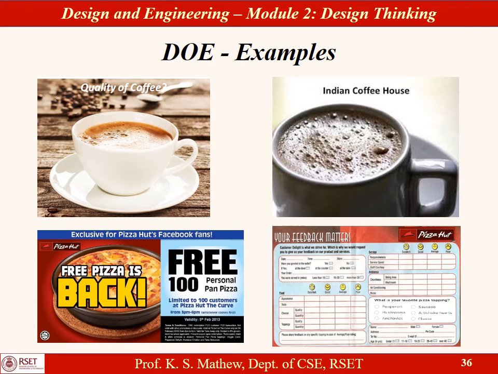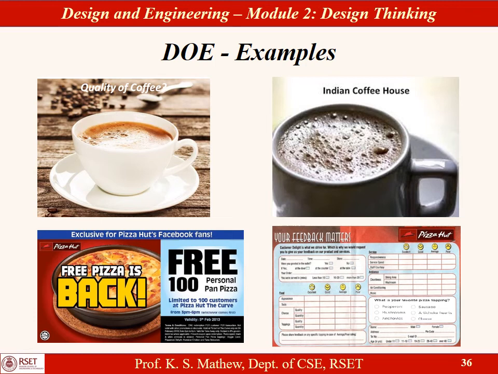They will analyze this feedback and make changes in the ingredients of this new flavor pizza. Based on the feedback, they will make changes in the ingredients and make another set of 100 pizzas to be given free to customers. Right?